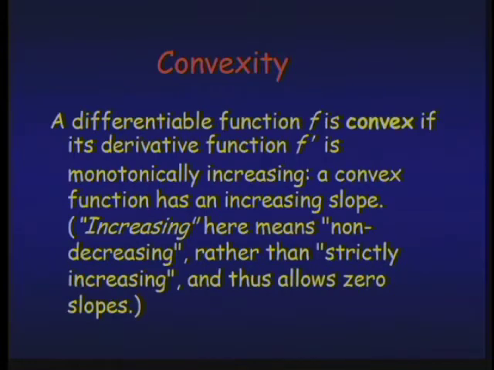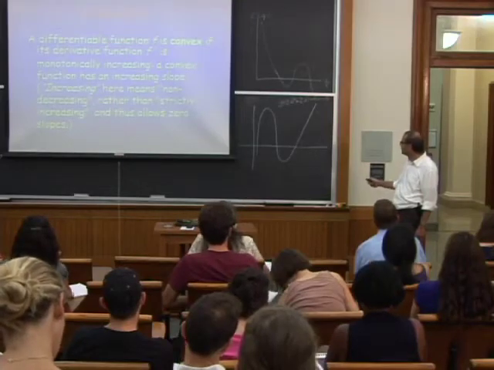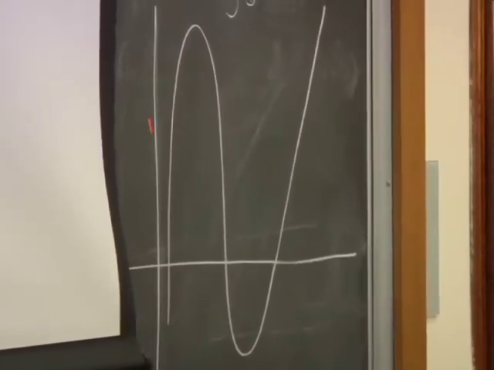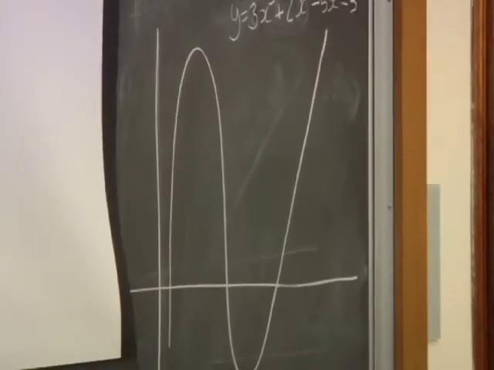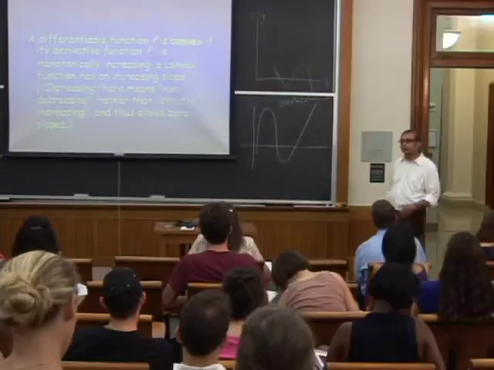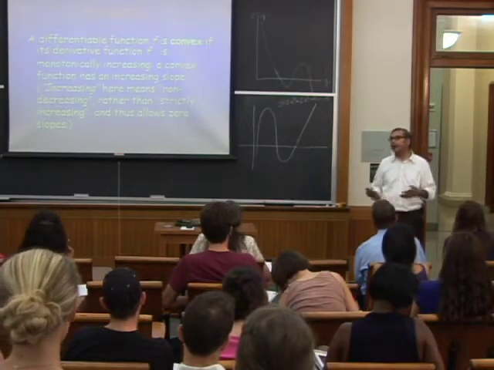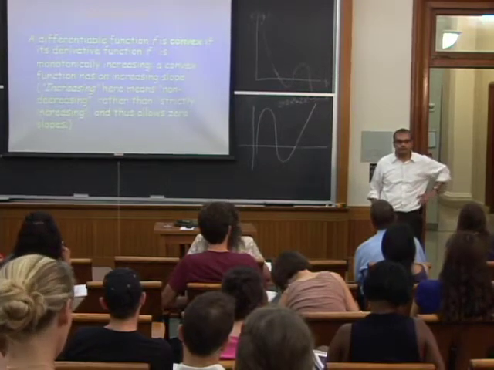So along all of this part it's convex, and along here it's concave. So for more complicated functions, they'll be concave and convex for different intervals. So that's a very good question.